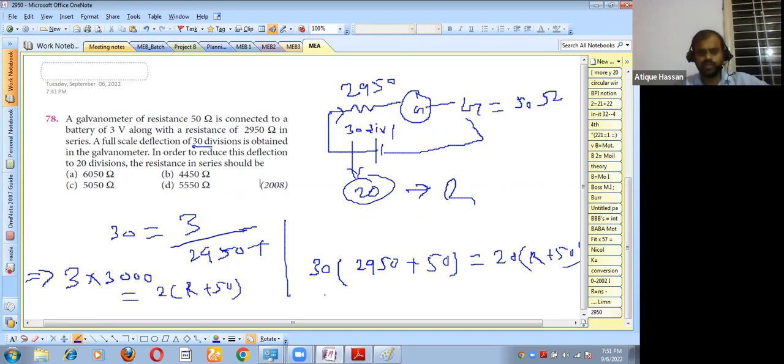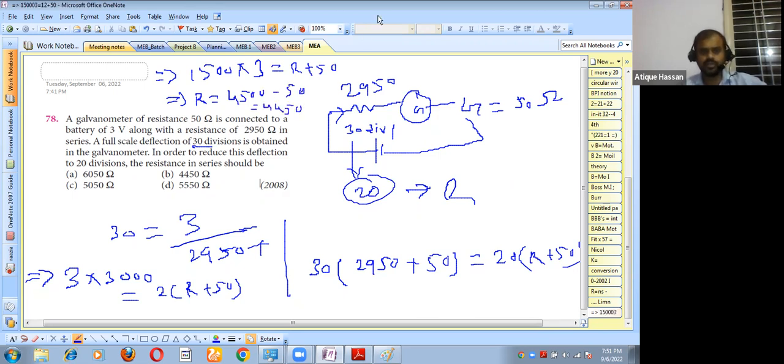So from here we will get 1500 into 3 is equal to R plus 50. So R is equal to 4500 minus 50, it means 4450, right?